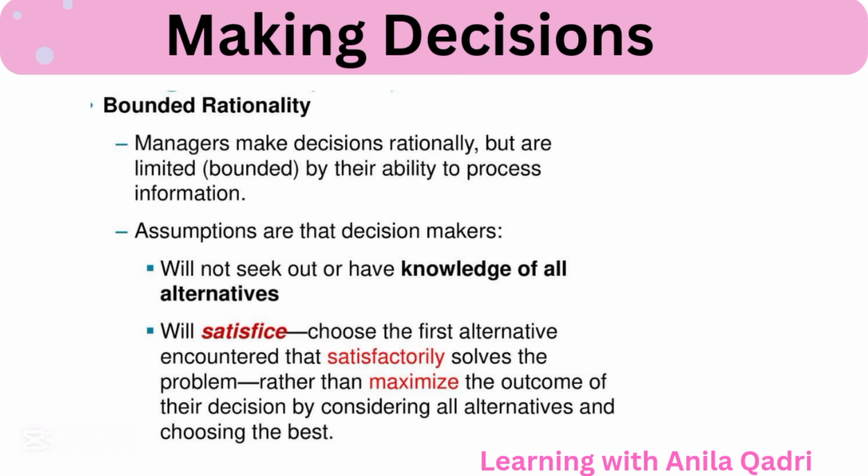Satisficers choose the first alternative encountered that satisfactorily solves the problem, rather than maximizing the outcome of their decision by considering all alternatives and choosing the best one.